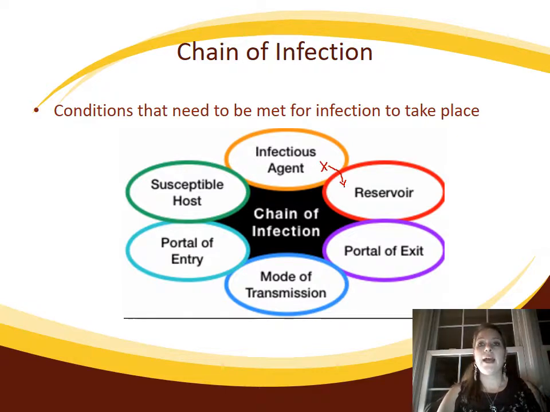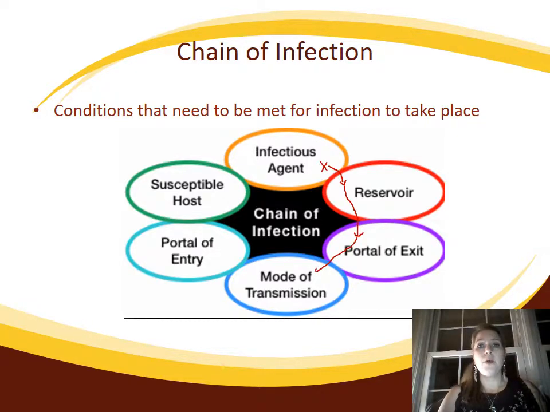That reservoir has to have a portal of exit for that particular infection. For humans, a lot of the time it's body fluids. So anything from urine to blood to droplet spray from coughs or sneezes, sometimes fecal matter. This is portal of exit, a way for the infectious agent to leave that reservoir.